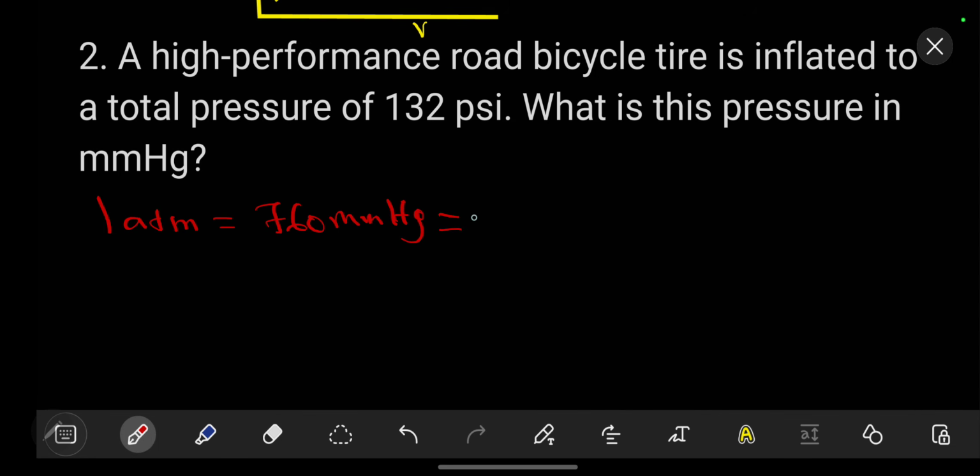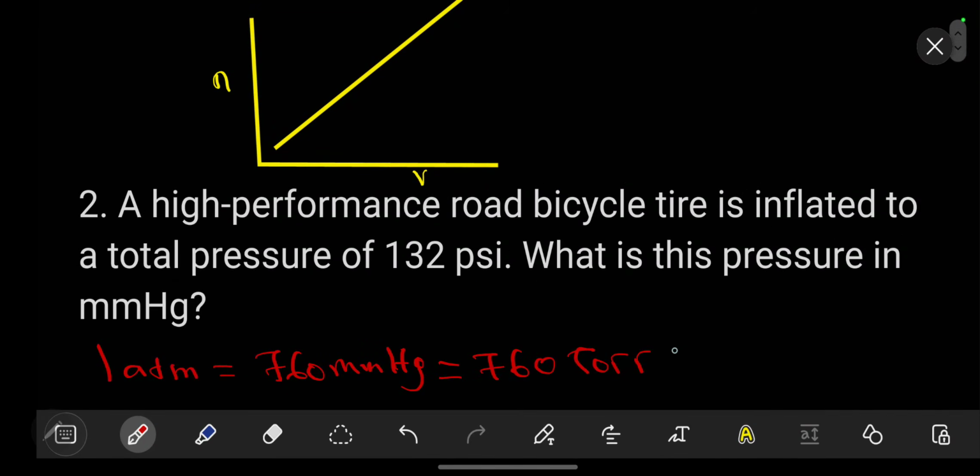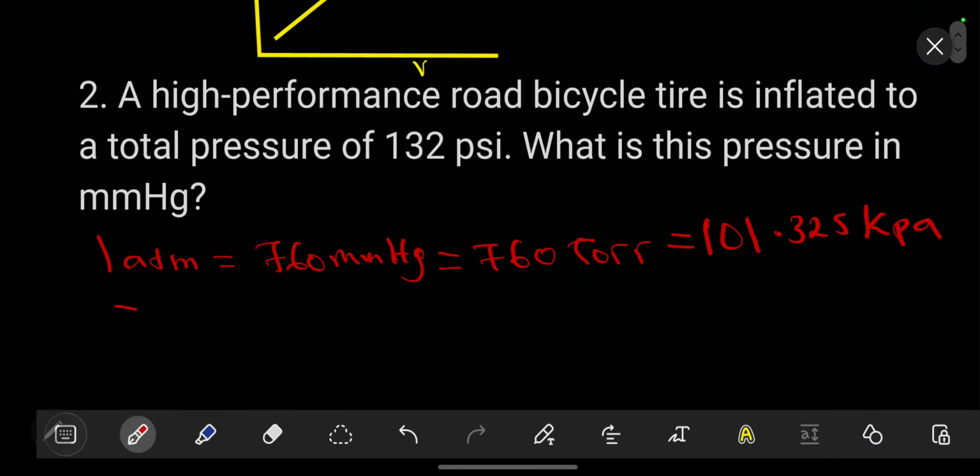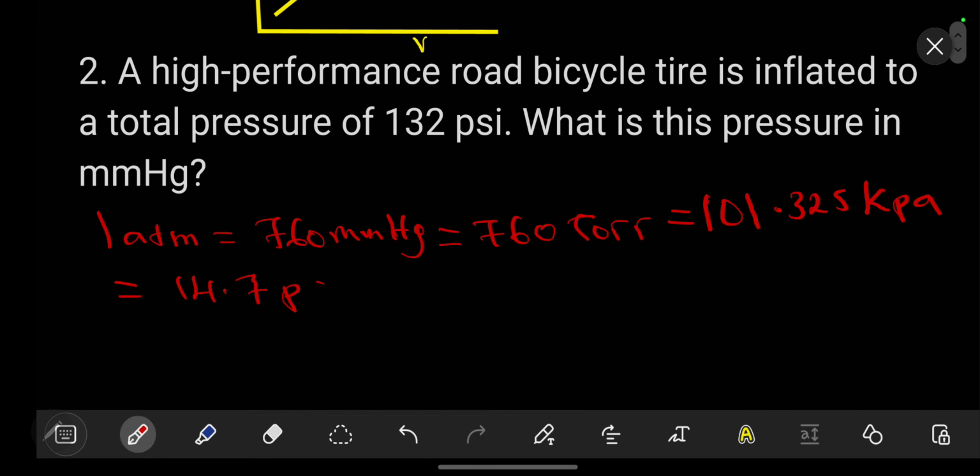This is the same as 760 torr. It is also equal to 101.325 kilopascals. This same value is equal to 14.7 pounds per square inch. So these are the conversion factors.